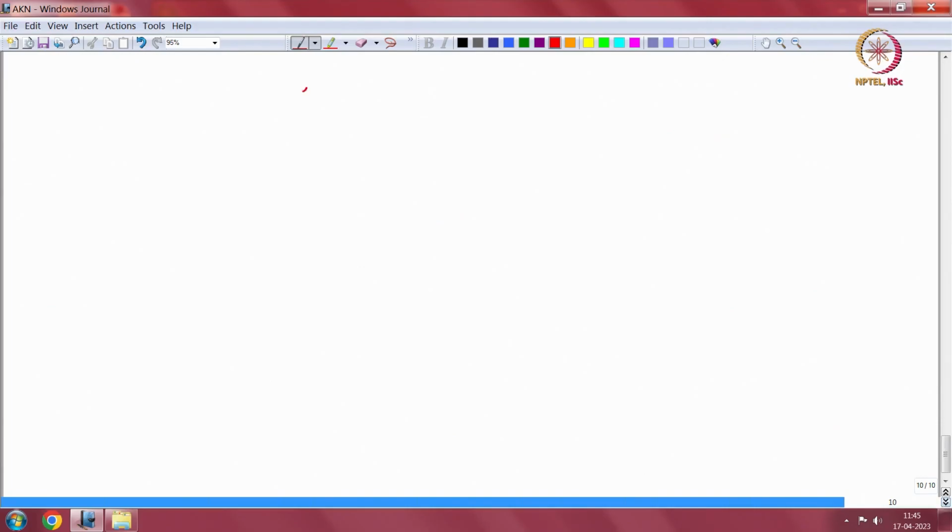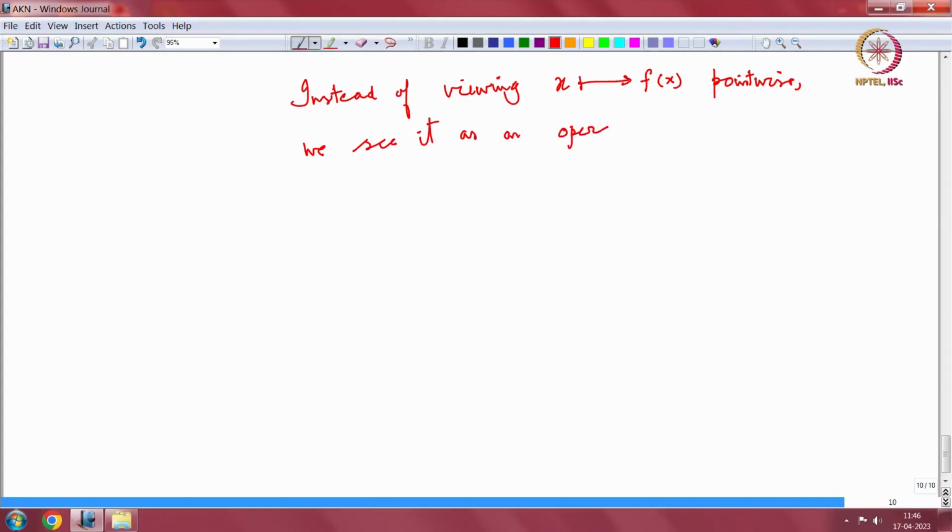So what finally I am telling, this is the conclusion, is that instead of viewing x going to f of x pointwise, and this is what the whole distribution theory you are going to see, we are getting out of the pointwise understanding, which is equivalent, as you have seen already, we see it as an operator, phi going to integral of f phi for all phi in D of omega, you see.